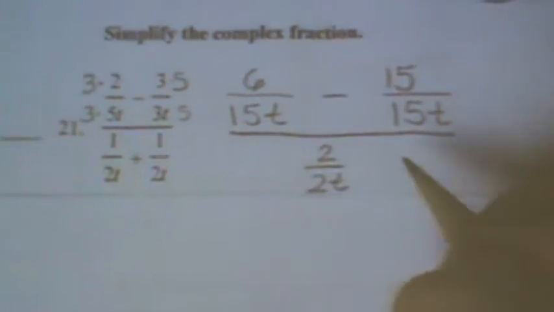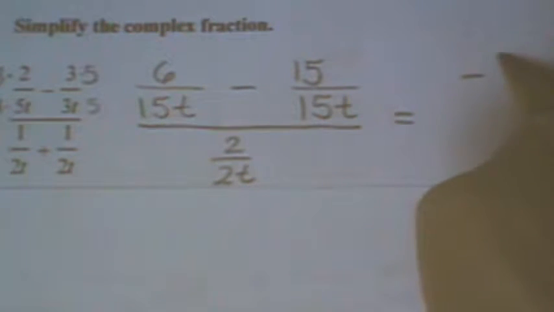Multiply this by 5. The bottom, we already have a common denominator, so 1 plus 1 is 2. Moving along, 6 minus 15 is, anybody? -9.